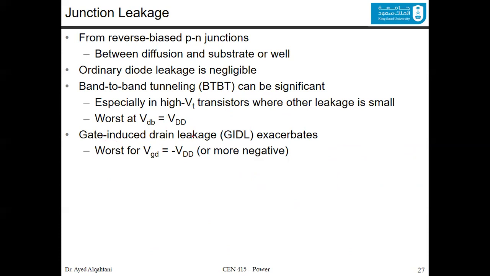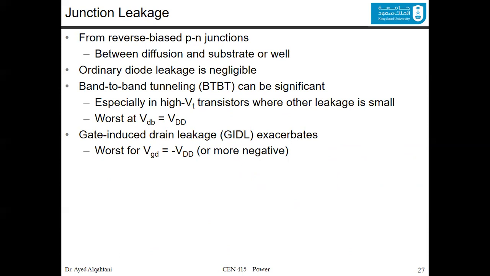Also, there is gate-induced drain leakage, the GIDL, which gets worse when the voltage from the ground to the diffusion is minus 3 VDD or more negative. When this happens, it's getting worse. We are keeping this in check because we are ignoring it. Maybe in recent generations, this will cause terrible leakage that we need to take into account.